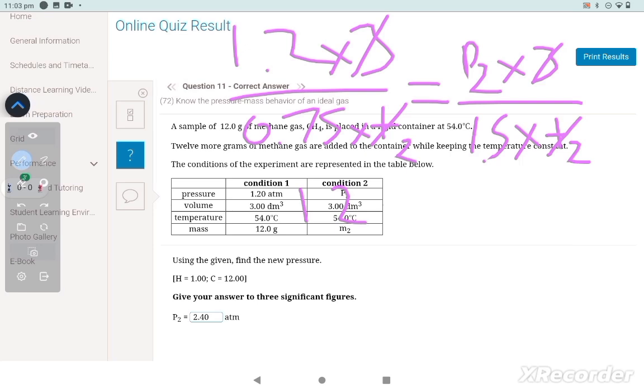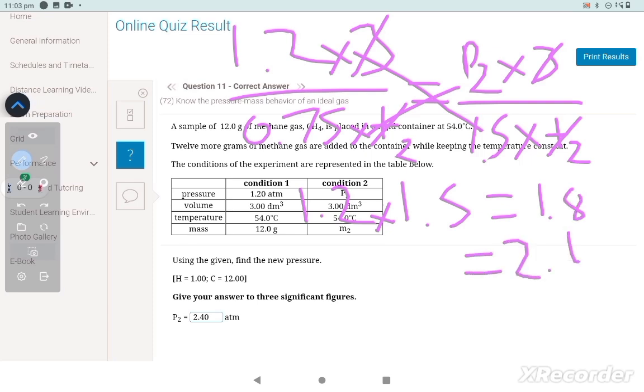So cross multiply here, 12 times 1.2 times 1.5, and then divided by 0.75, we get 2.4. 1.8 divided by 0.75 is equal to 2.4. Alright.